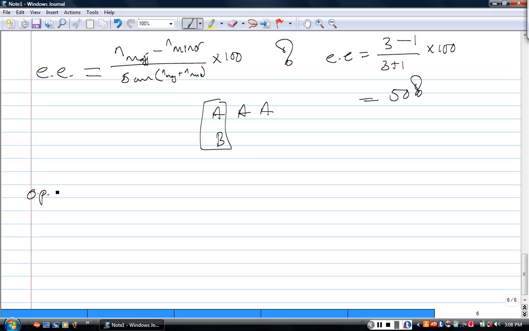Now the OP is defined as the alpha TD of the mixture over the alpha TD of the pure enantiomer in excess, the pure species in excess, or let's just call it the major enantiomer. And the third equation is that the OP and the EE are equivalent numbers. In other words, whereas the EE is written as a percentage, the OP is written as a fraction, or sometimes a decimal. So if I have an EE of 50%, my OP is going to be half, or 0.5. Okay, so the EE and the OP are equivalent.